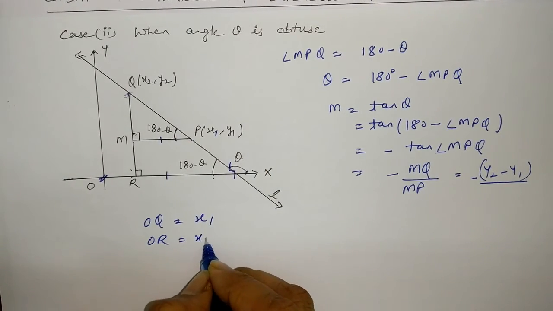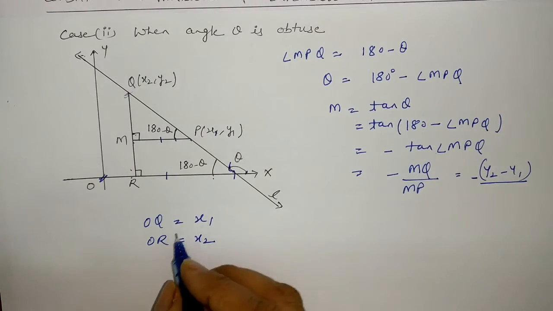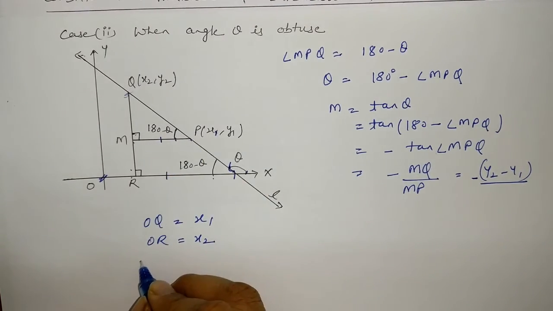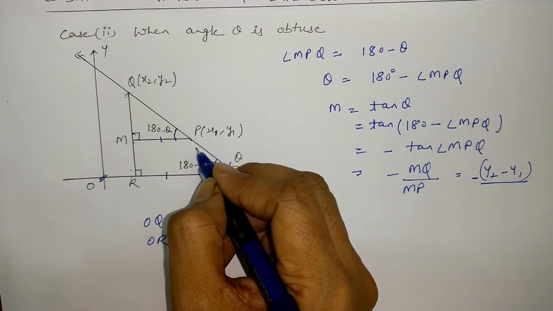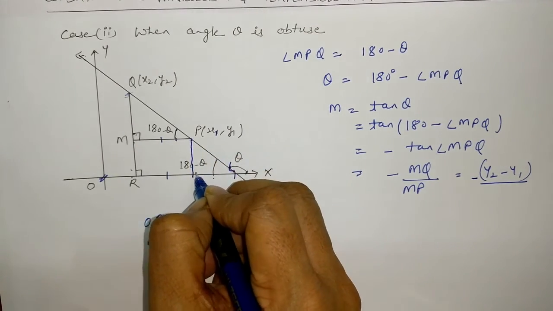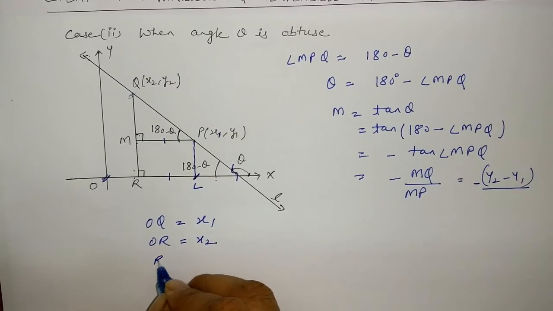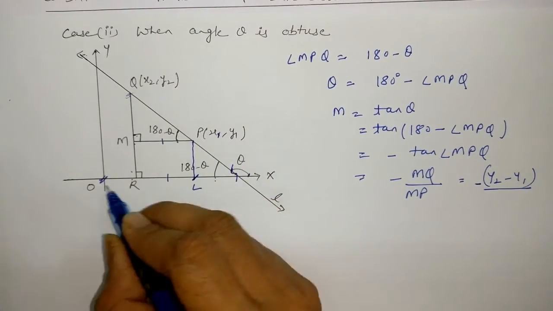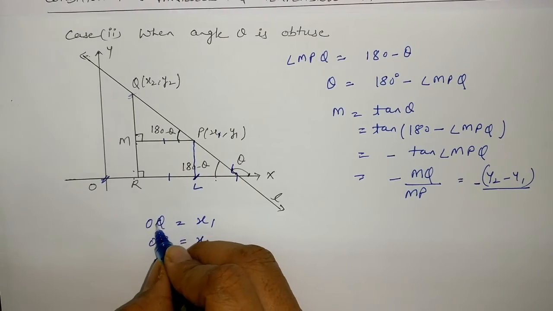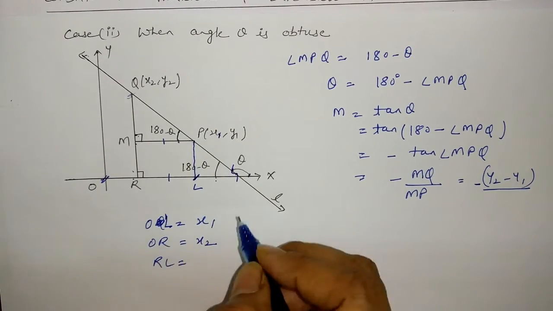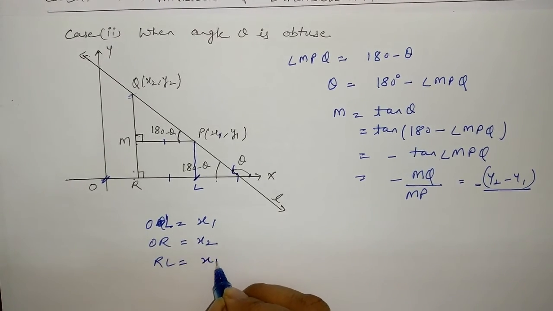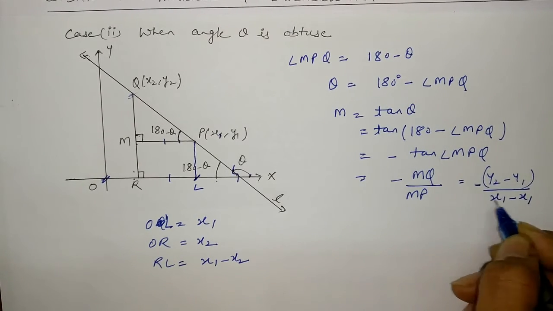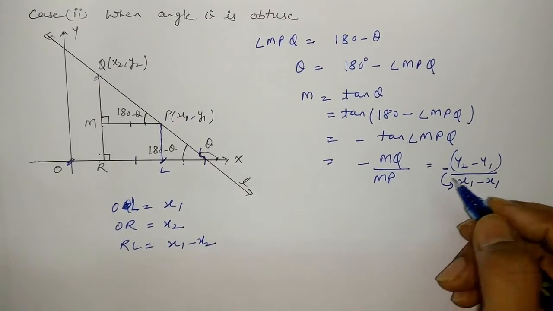So we have to find MP. If I drop a perpendicular, this point is L, so RL will be x1 minus x2. If I put the value here, this is x1 minus x2.